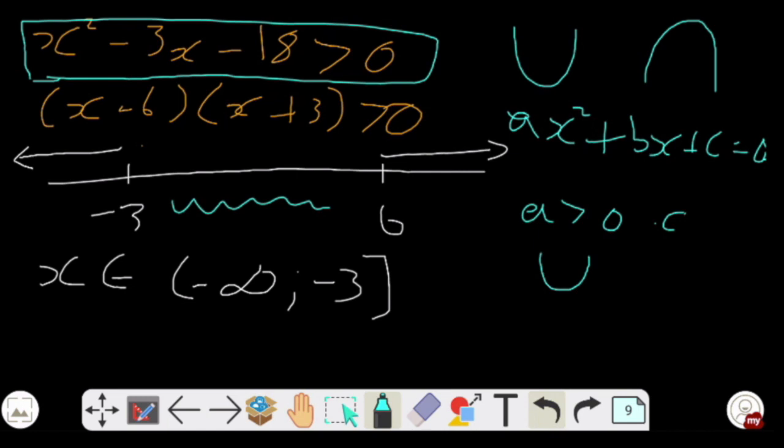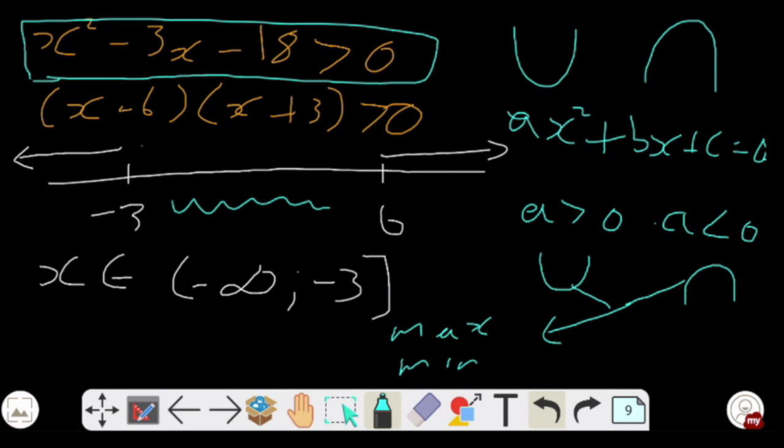If your a is less than 0, you will have this sort of graph. And these are also your maximum and minimum values.